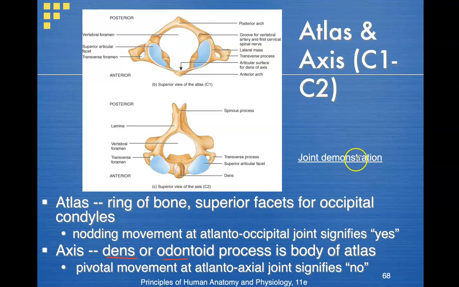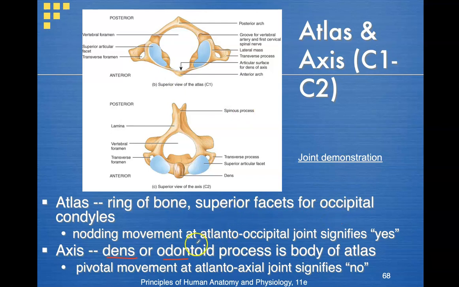I couldn't find a good animation, so I actually created a video for you to show you this, because I think it's hard to visualize without it. The atlas here, again, is going to have those superior facets, and these superior facets are going to articulate with the occipital condyles of the skull.